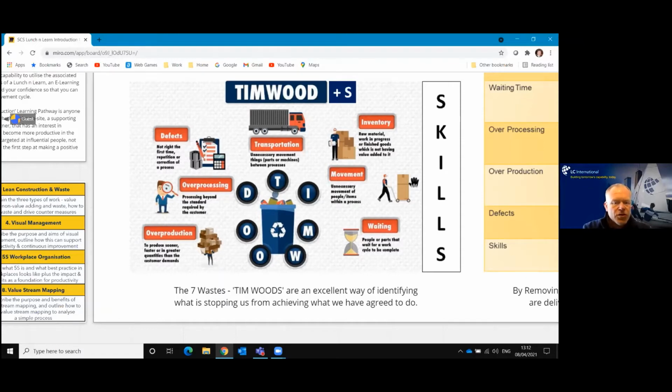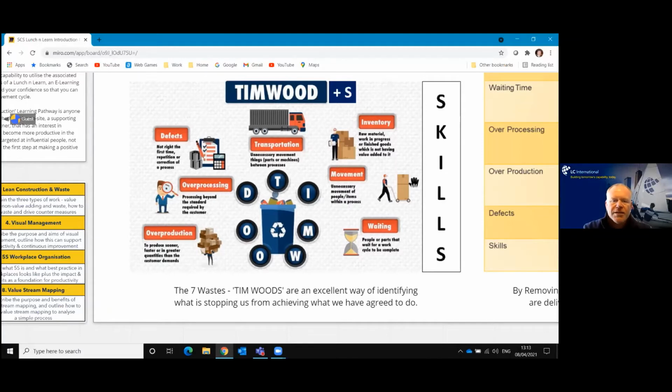Another waste is overproduction. Now, overproduction is what we call our deadliest waste. Because if you're producing more of one thing, the chances are you're producing less of the things that you need. Overproduction can cause greater inventory, which can create more transportation and movement.